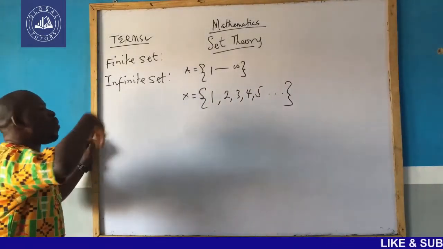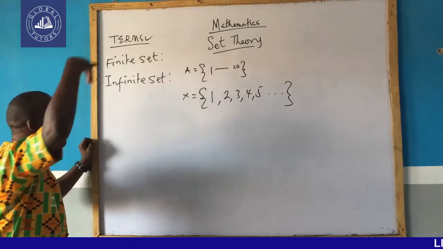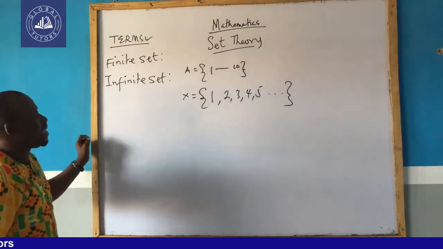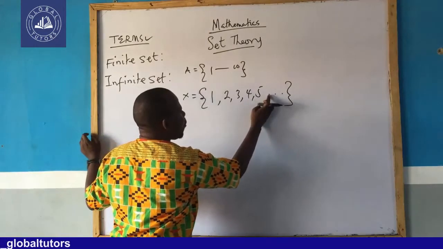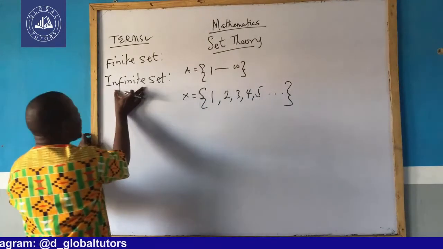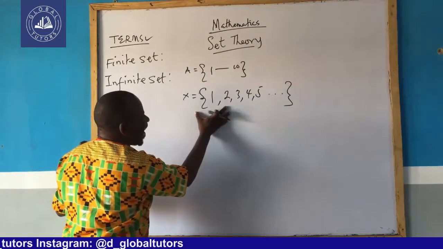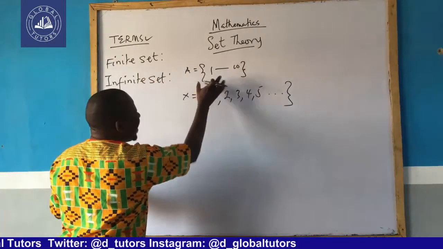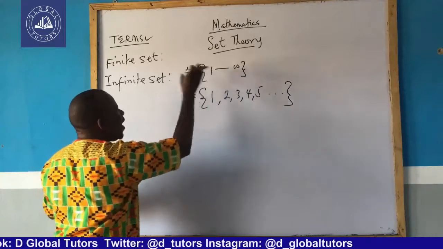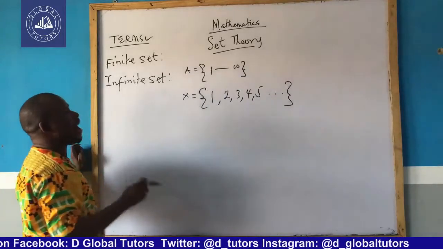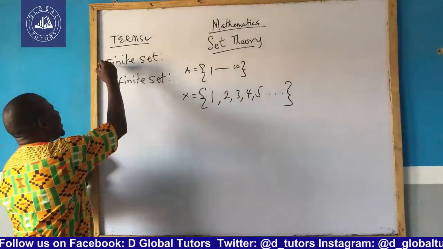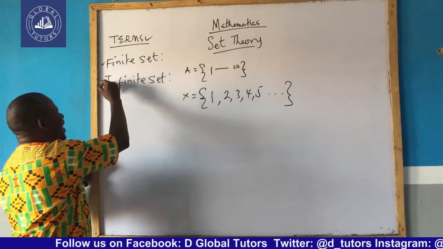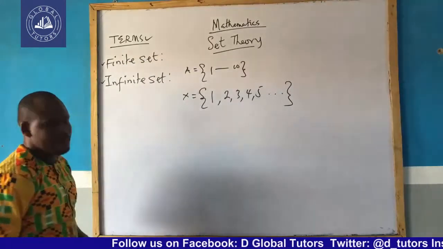It can be to 1 million, 1 billion, 1 trillion. It continues. That is why you see the sign of three dots. So infinite contains an endless list of elements. Finite contains a definite or a known number of elements. That is what finite and infinite sets are.